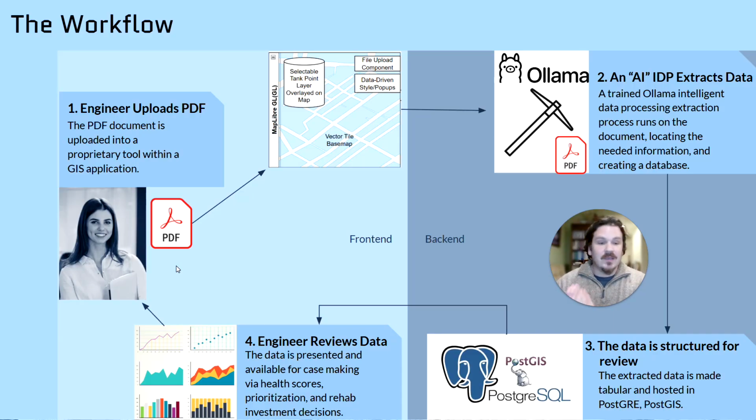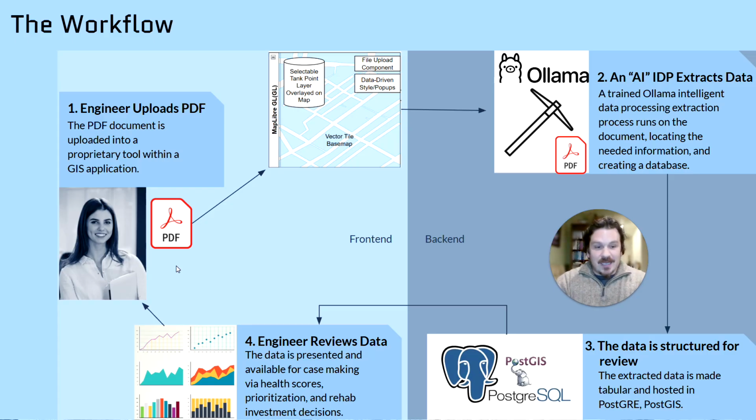And then on the back end, we will have programmed in an Ollama LLM AI IDP, Intelligent Data Processing extraction process, which will organize the data into a database and then send it back into the app to be displayed as charts and graphs, rankings, digestible reviews of data.